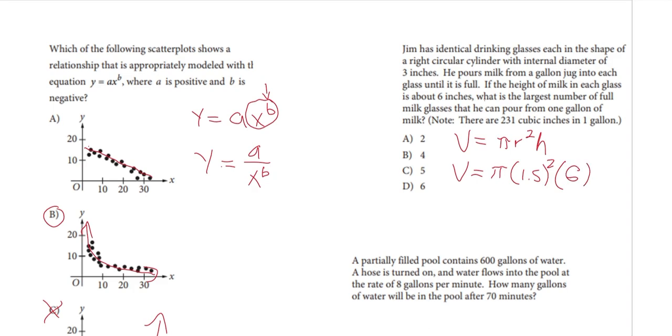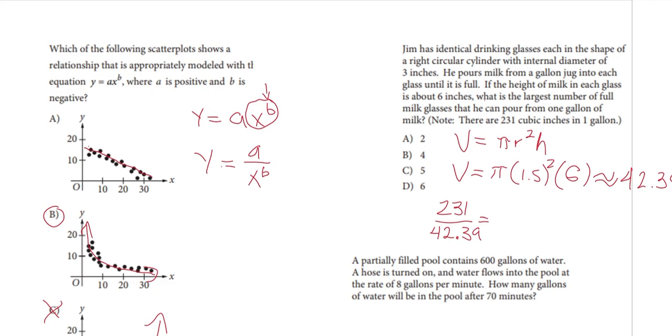So we're going to plug this into a calculator. 1.5 times 1.5 times pi times 6 gives us approximately 42.39. Then we're going to divide the volume of a gallon, which is 231, by the volume of a single glass, which is 42.39.